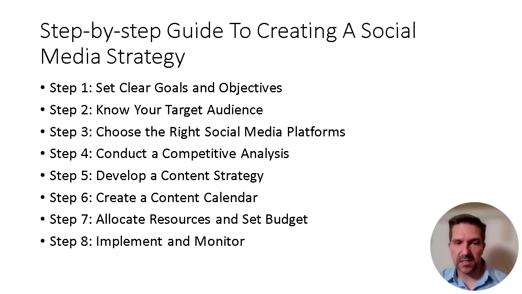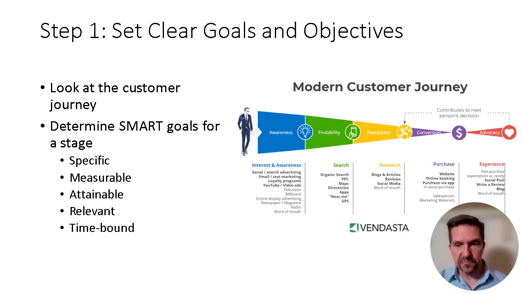And step 6 is going to be to create a calendar that is going to enable you to distribute that content appropriately. Step 7 is going to be to decide who's going to be doing what and set a budget for the whole process. And step 8 is to look at metrics and have an implementation plan and monitor to see if you are meeting your goals or not.